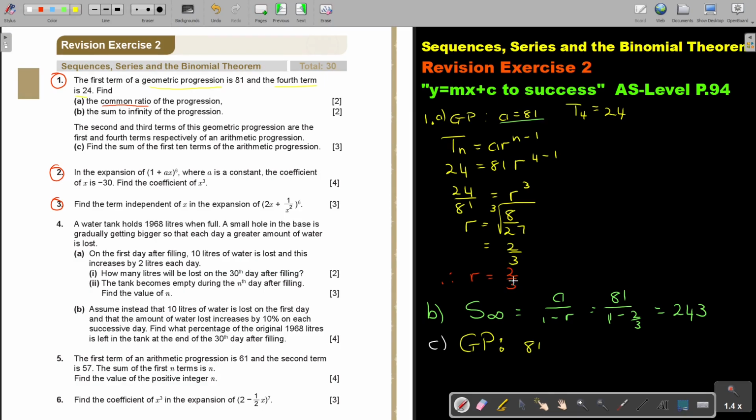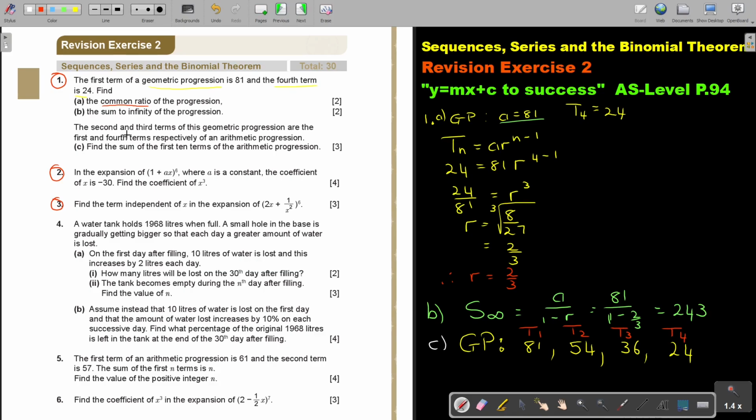Now, if I multiply with the 2 over 3, what do I get? So the second term will be 54. If I multiply again with 2 over 3, it will be 36. And again, 24. So that will be term 1, term 2, term 3, term 4.